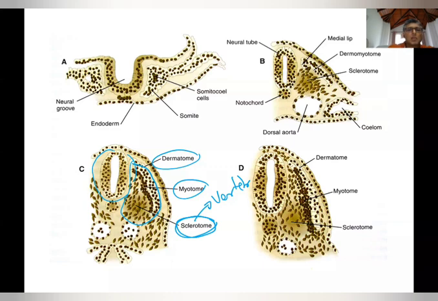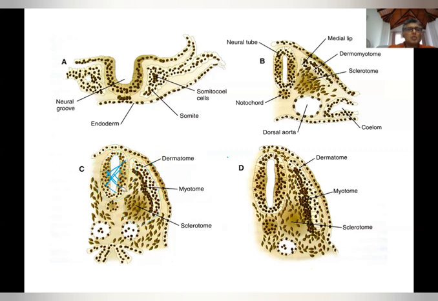Each myotome gives rise to the muscles supplied by this spinal cord segment when the limbs and body trunk are formed. The dermatome produces the dermis of the skin, supplied by the nerves originating from this spinal cord segment. This becomes very important later, when you do limb anatomy, where you see the dermatomal map of limbs and myotomes.